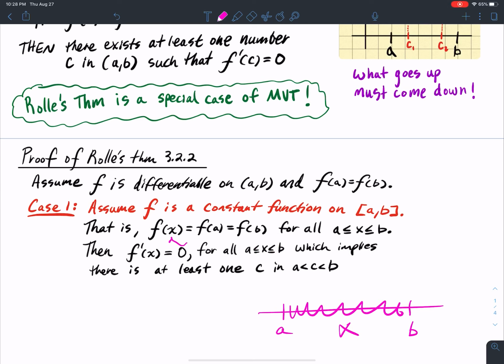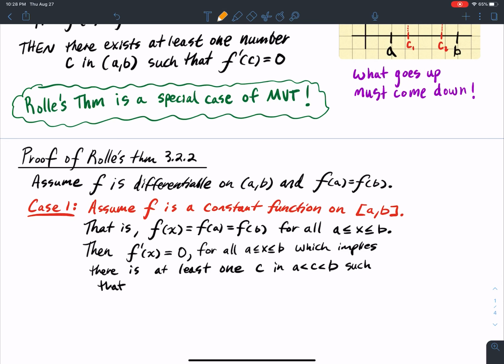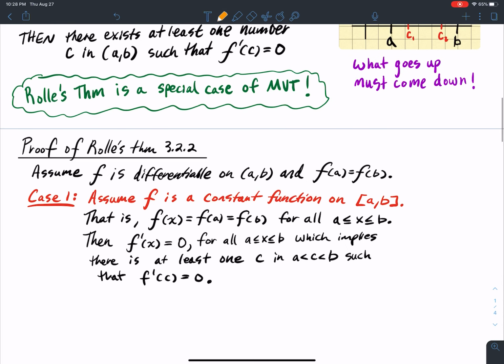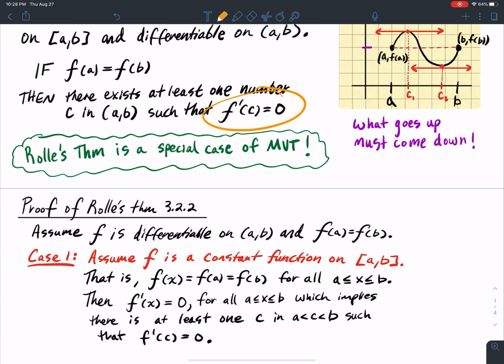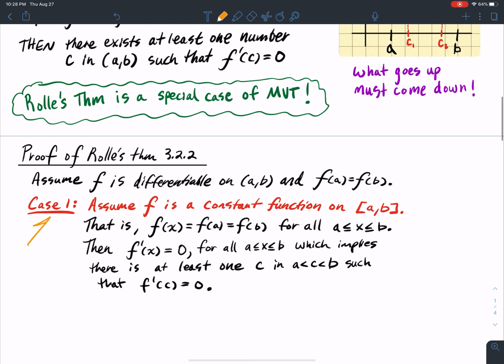Every x value I plug in equals f of a, which equals f of b. Then by golly, I can at least pick out one c value that works, right? At least one, obviously, okay? Such that f prime of c is equal to 0, which is exactly what I wanted to prove there. That's case 1, okay?